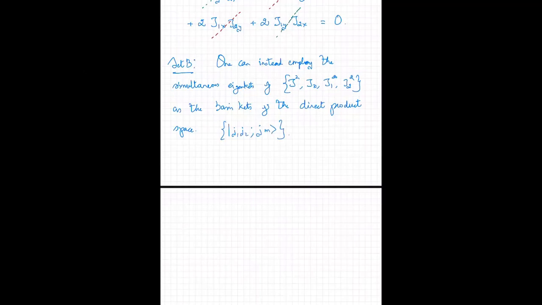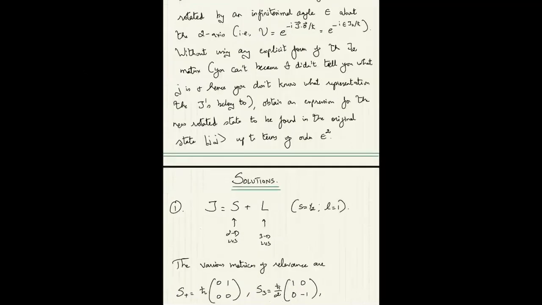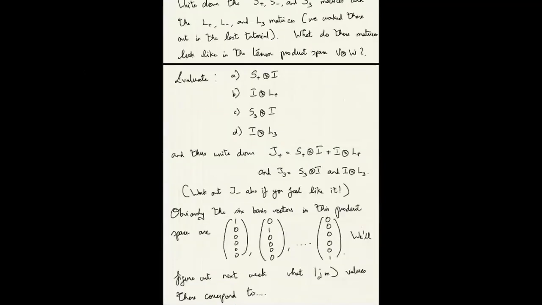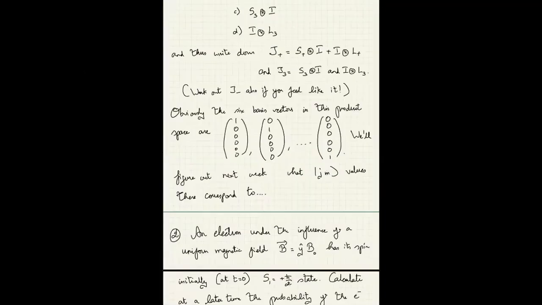So there are 2 possible bases, and these are not the same eigenkets. For example, in this tutorial 3 problem, these basis kets have nothing to do with these. These kets, right? So this one with 5 zeros, 0, 1, 0, 0, 0, 0, these are all the first set of basis kets, which is the direct product of the basis vectors of j1 m1 and j2 m2.